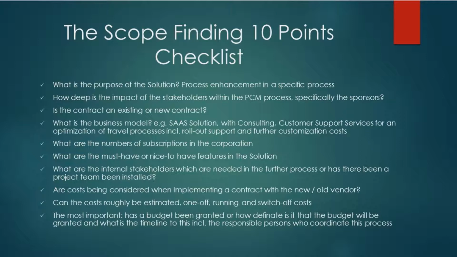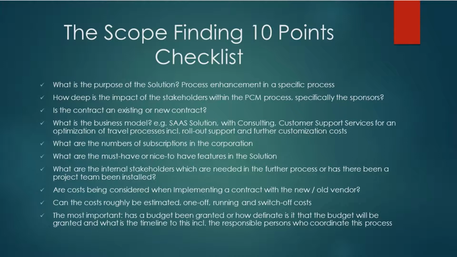This actually aligns to the next check: can the costs roughly be estimated, one-off, running and switch-off costs? We're going to look at the implementation costs and the running and maintenance costs, which also have to do with the rollout and customization support. It also has to do, for example, with support which you define in your SLA, the 24-hour support. These are typical running costs.